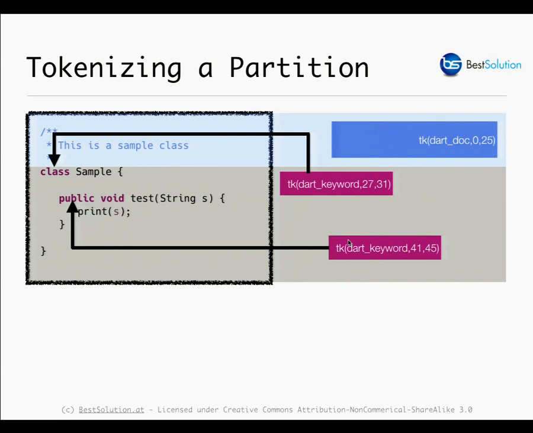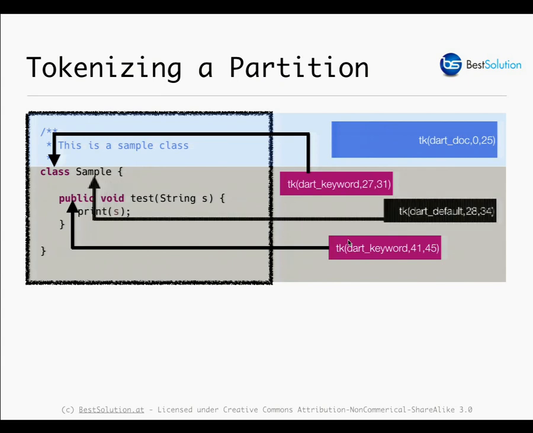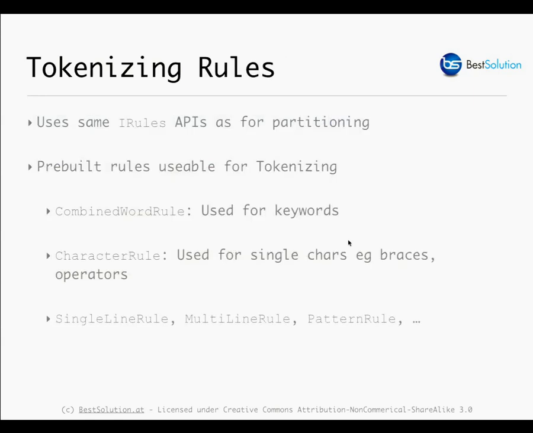So in the second pass that we do, we go through the partitions and find out all individual tokens that are found in there and remember where they are in the document. And all that is not part of a specialized token goes to the default token. All black stuff in the end is default token area.